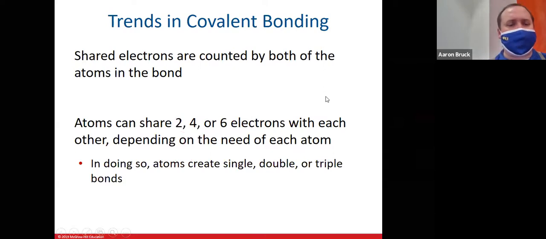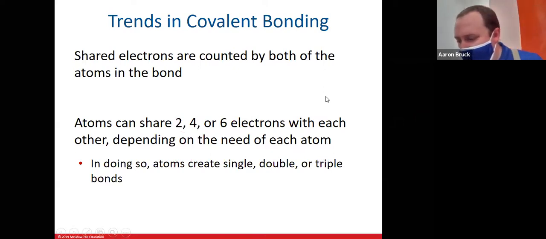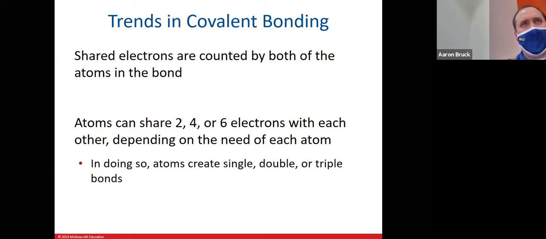So let's look at some trends then. When we have these shared interactions, those electrons in that shared interaction count toward the octets of both atoms in that bond.